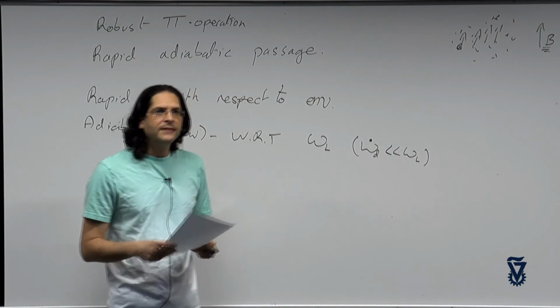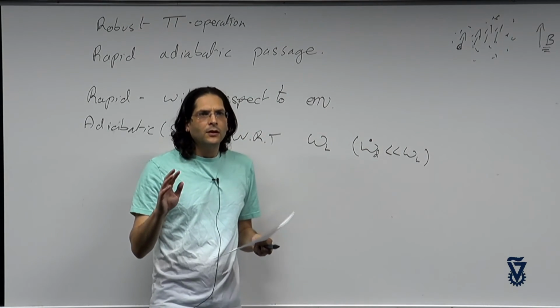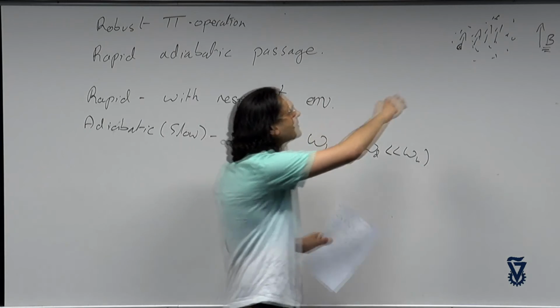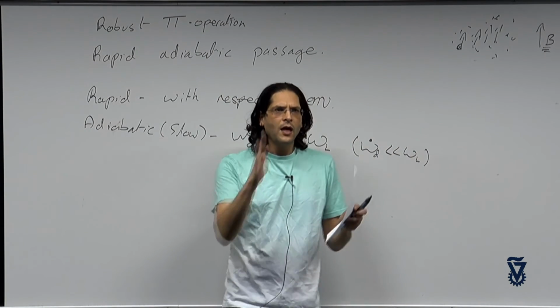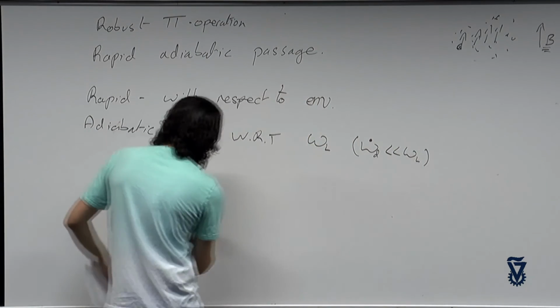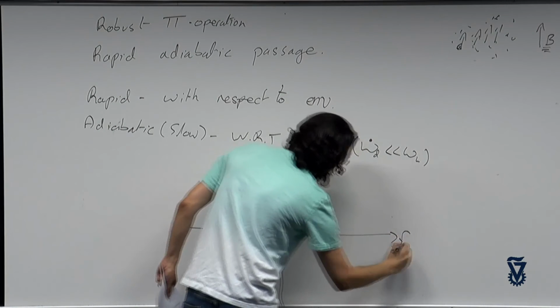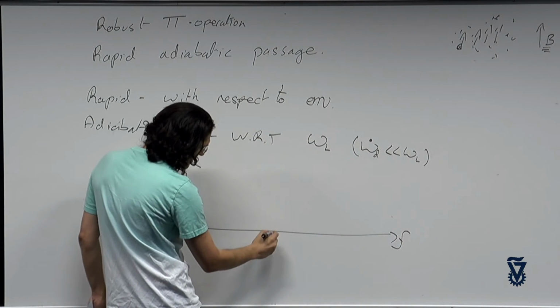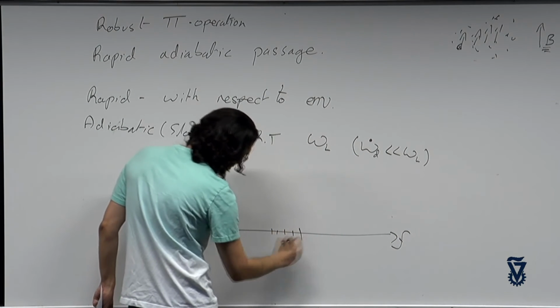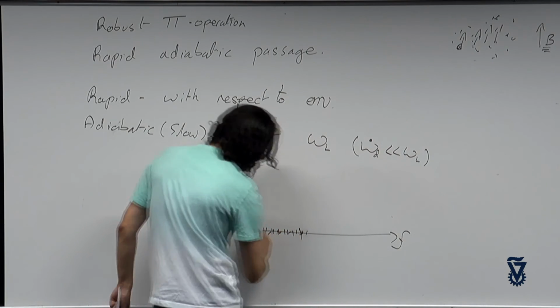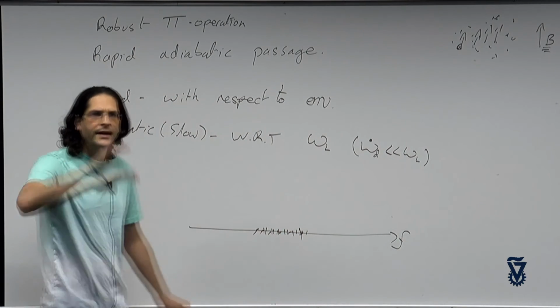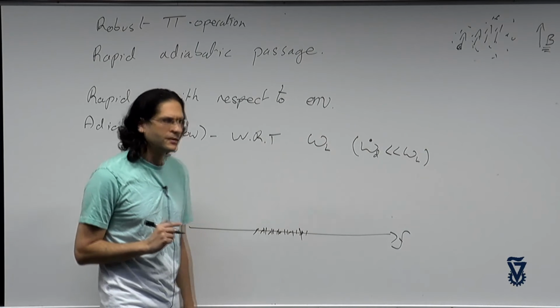And basically what happens, each spin, we don't care that each magnetic moment sees a different field. Okay, so think about, this is our frequency axis, and we have many magnetic moments, and these are their respective Larmor frequencies. They're spread all around here due to our inhomogeneous field in this example.